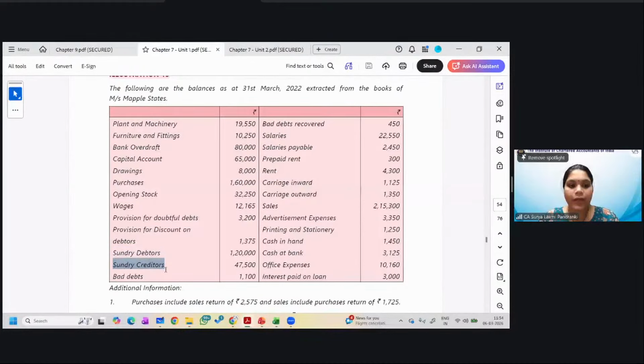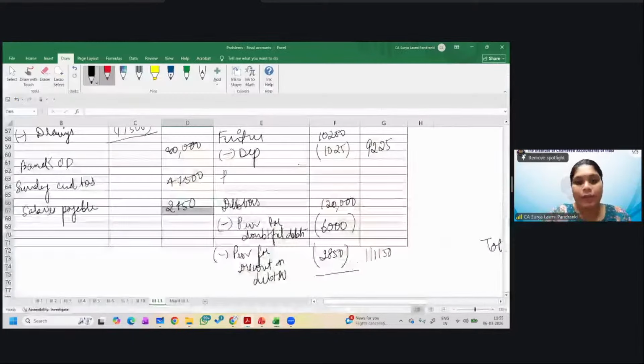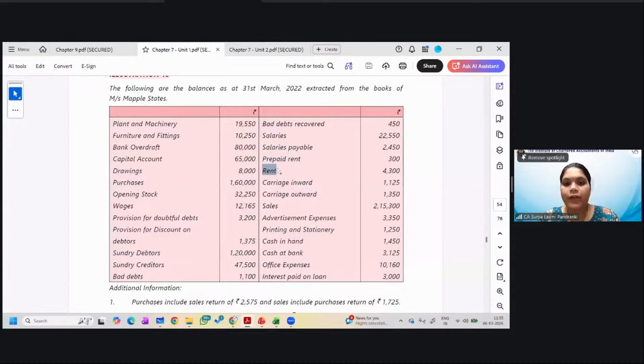Sundry creditors we have taken in your liabilities. Bad debts we adjusted in the P&L account. Bad debts recovered also in the P&L account. Salaries in P&L. Salaries payable is outstanding, so we have taken it in liabilities. Prepaid rent we have to take. Prepaid rent of how much? 300. Okay, done. Rent we have taken in P&L.